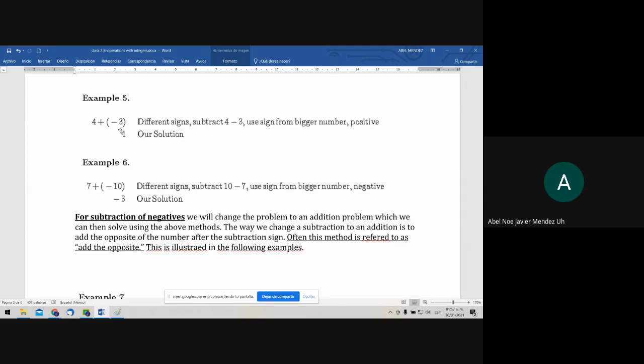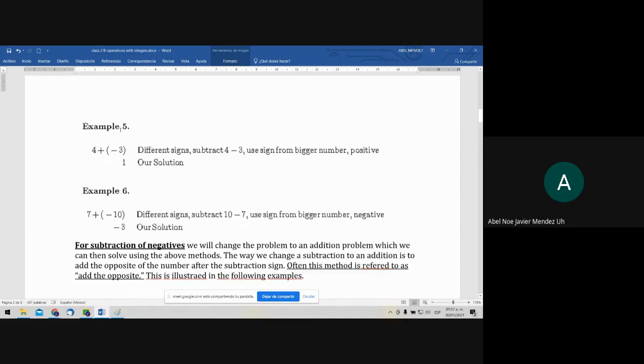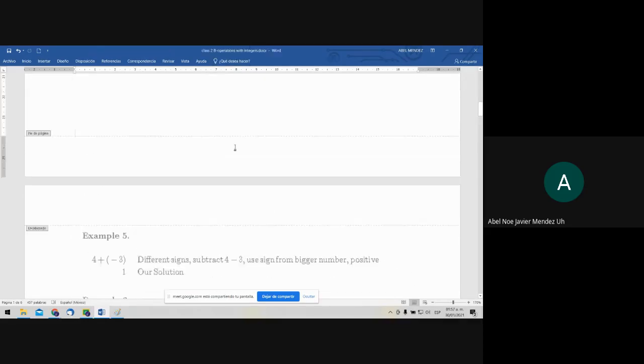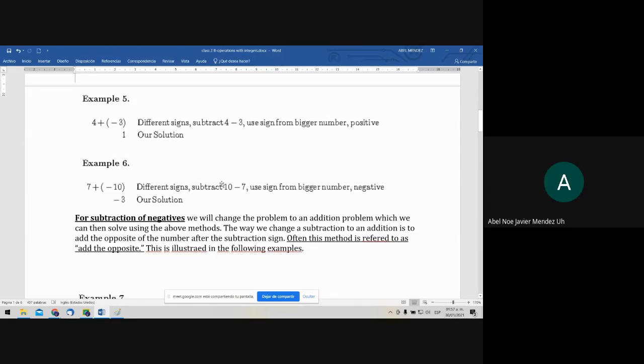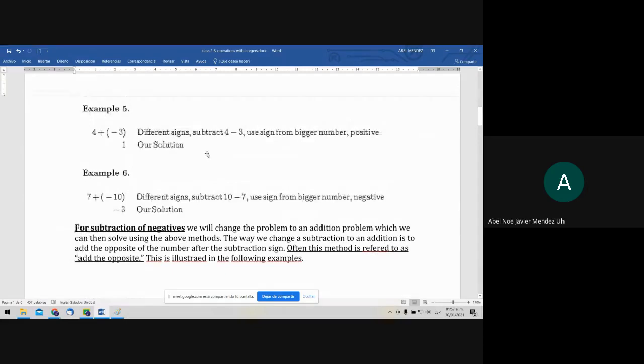We just follow the rule, okay? What does the rule say?